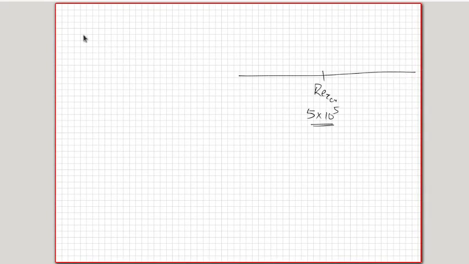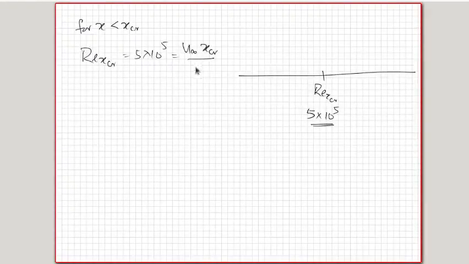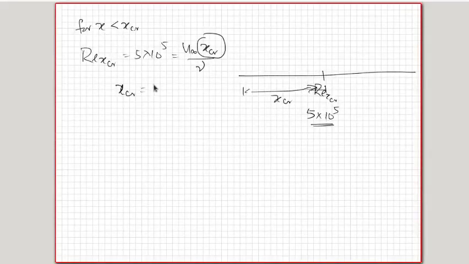So if I say for x less than x critical, what is x critical? If Re_x critical is 5 × 10^5, which is equal to U∞ x critical divided by ν, where x critical is this distance from the left end to the point where the Reynolds number reaches 5 × 10^5, then this x critical can be evaluated as x critical equal to Re_x critical times ν by U∞.